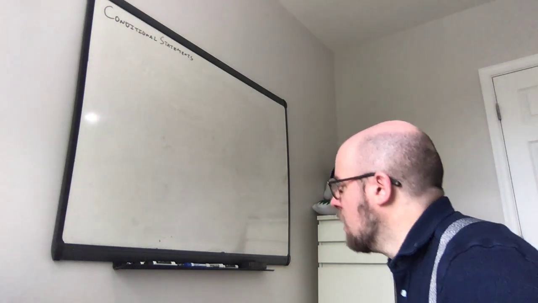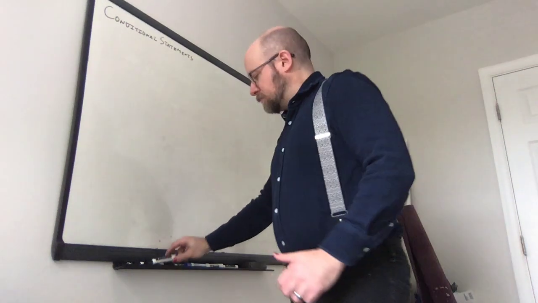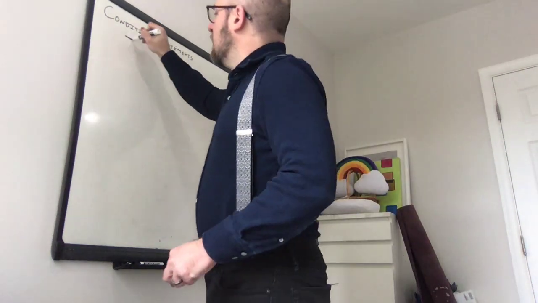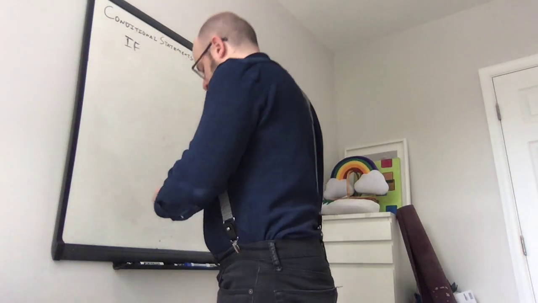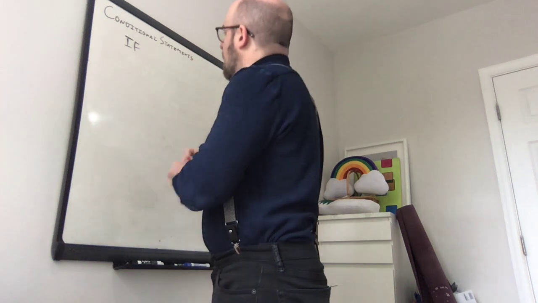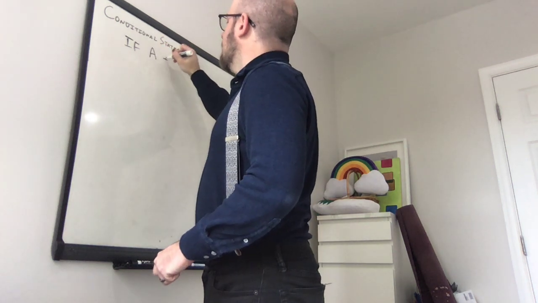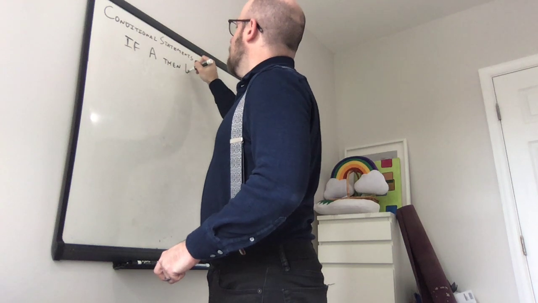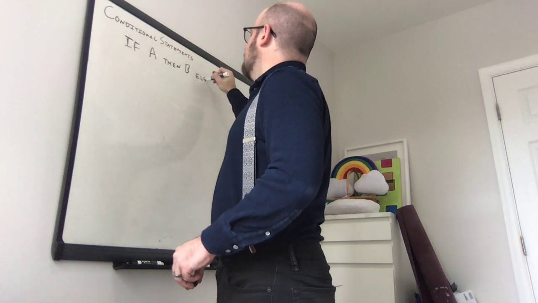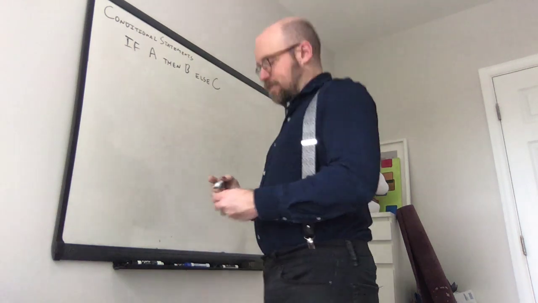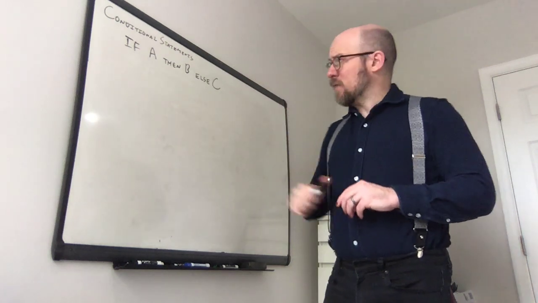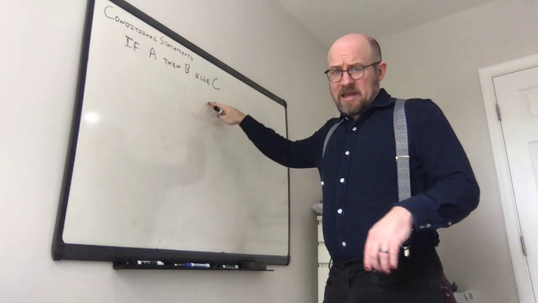Okay, so a conditional statement is a statement of the form if A, then B, else C. Okay, and this is the kind of formal way to write it down, but don't be intimidated by this.